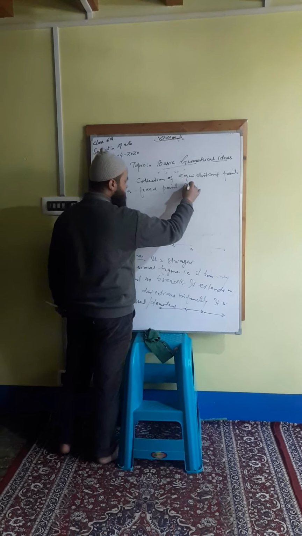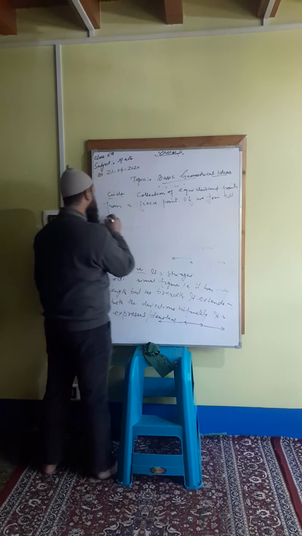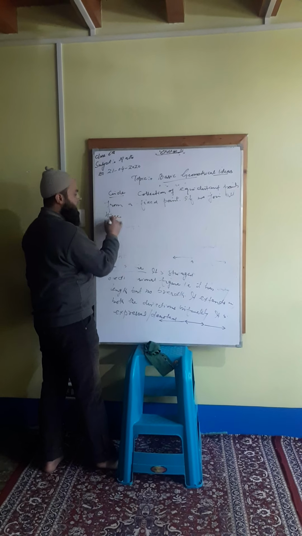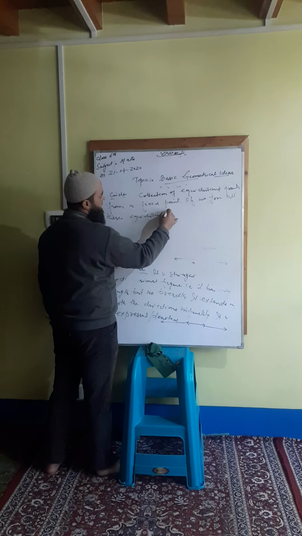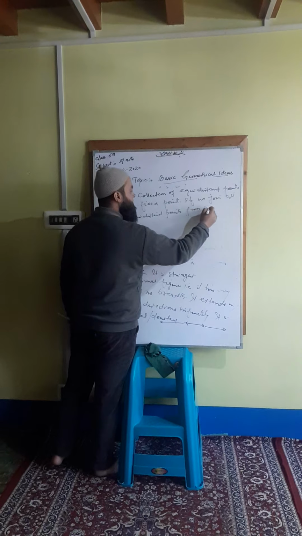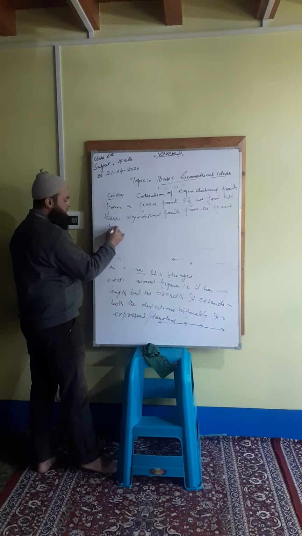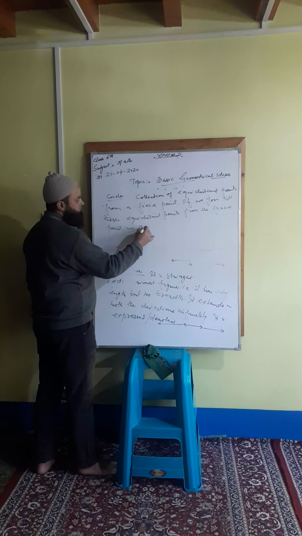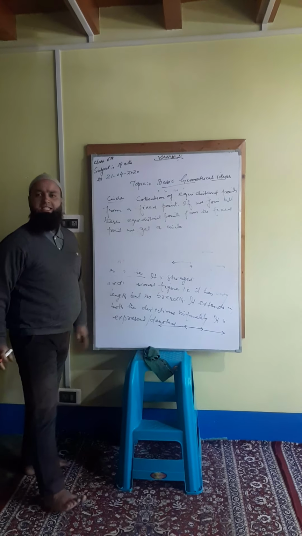If we join all these equidistant points from the fixed point, we get a circle.